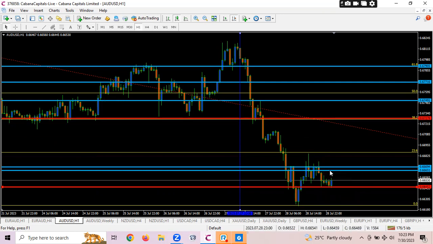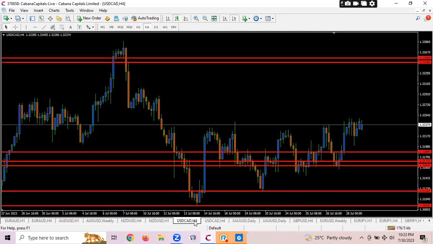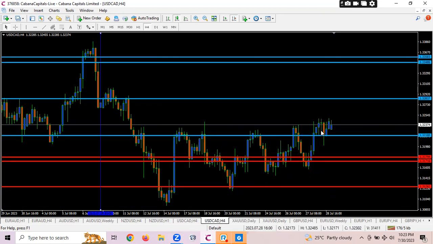So when a 4-hour candle closes above this resistance, go to your USD CAD and ensure that USD CAD is also trading below a support. So if the 4-hour candle closes below this support, you could sell.